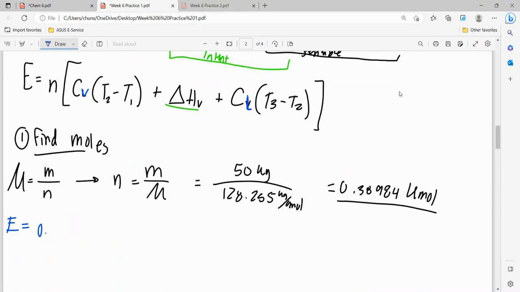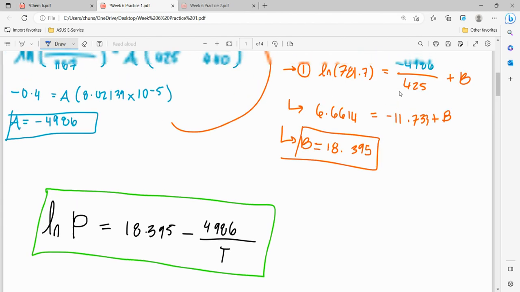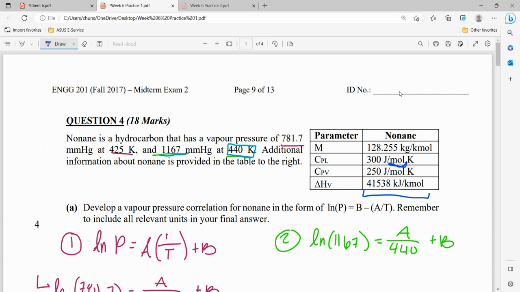So let's use 0.39 kilomoles. And so we're going to start with 250 kilojoules. So we're just going to change this to kilojoules over kilomoles Kelvin.